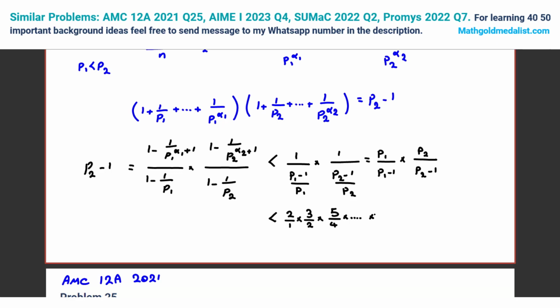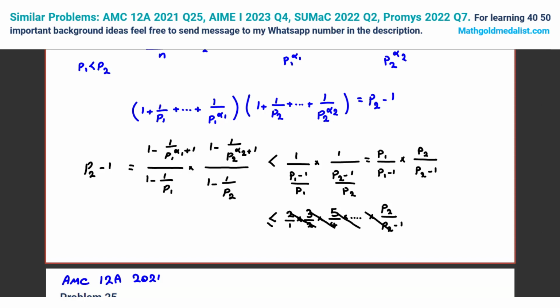Because P2 is greater than P1, we write all of them up to P2 over P2 minus 1. You can say less than or equal, because maybe P1 is 2 and P2 is 3. Only in this case it is equal, because for other cases these values are greater than 1, because something over something minus 1. Now we can cancel these things like this.